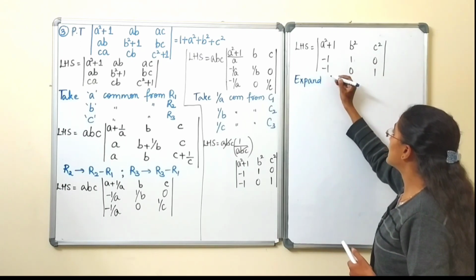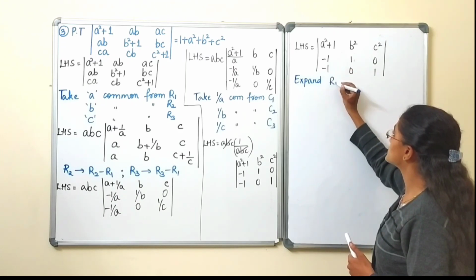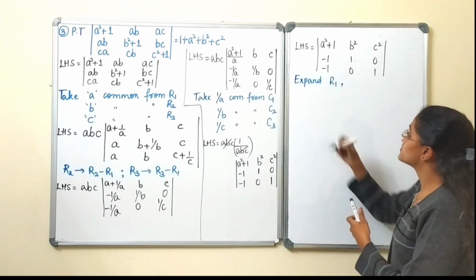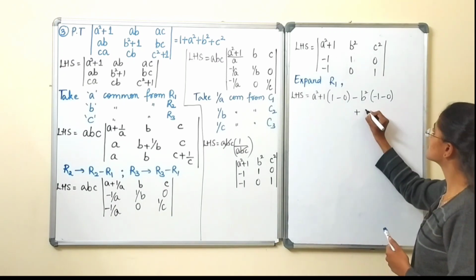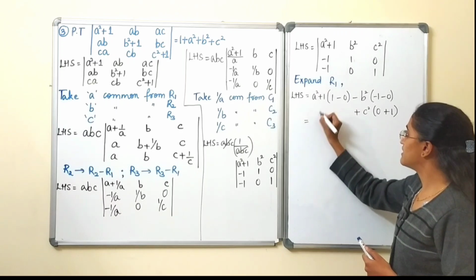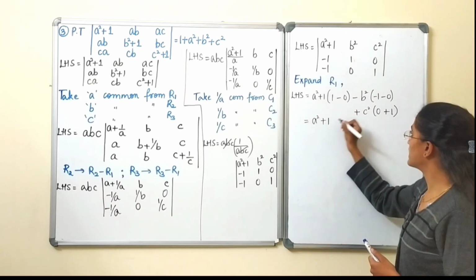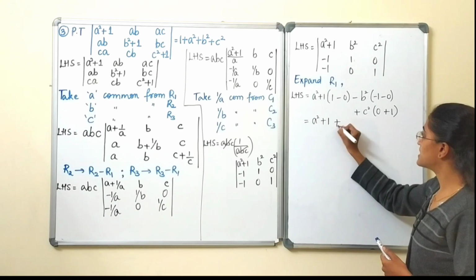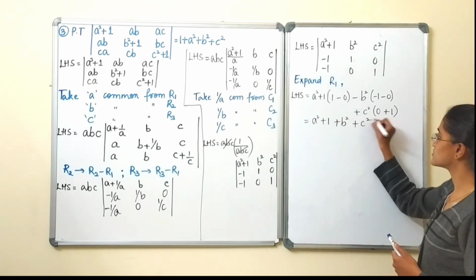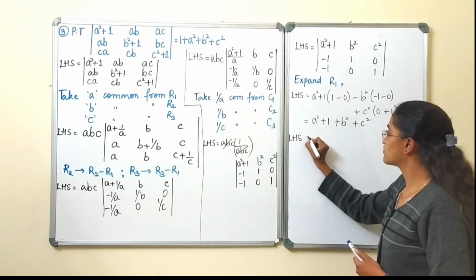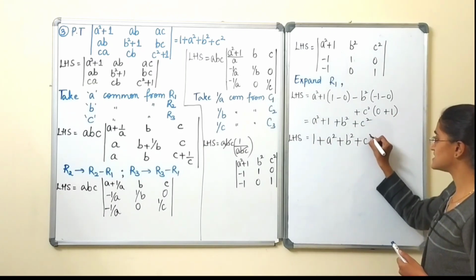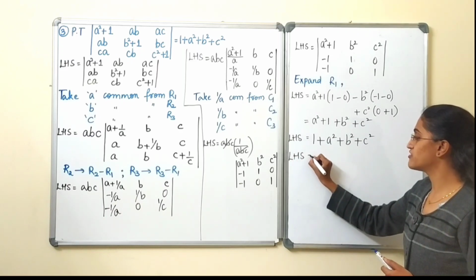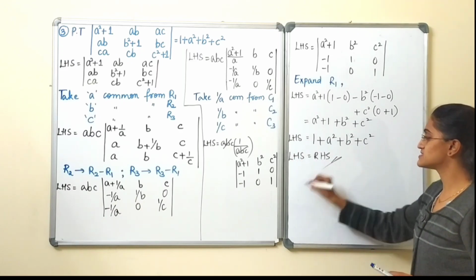Now I would like to expand this determinant with respect to R1, and therefore we'll be left with A square plus 1 minus into minus plus B square plus C square, and therefore LHS is equal to 1 plus A square plus B square plus C square, which is the given result, and hence proved. That's all for this module.